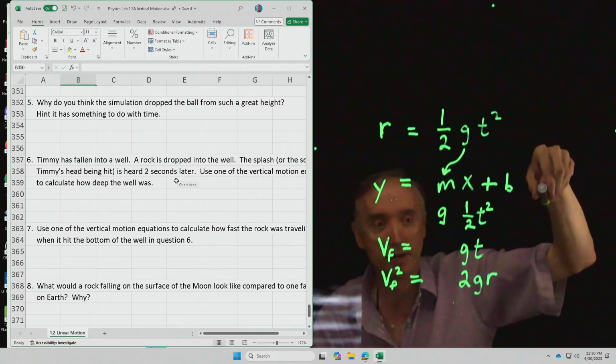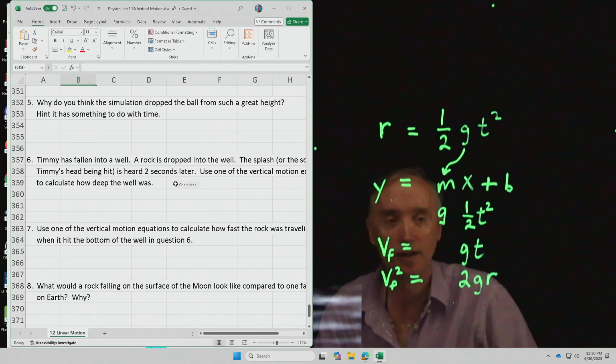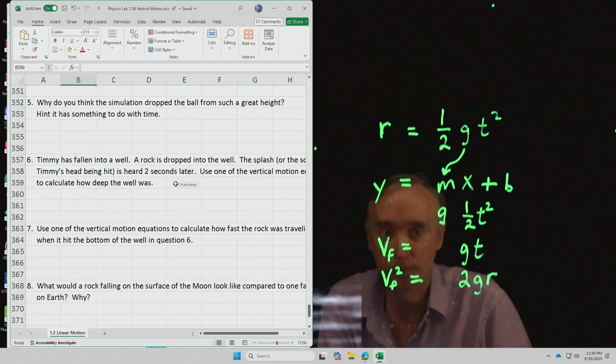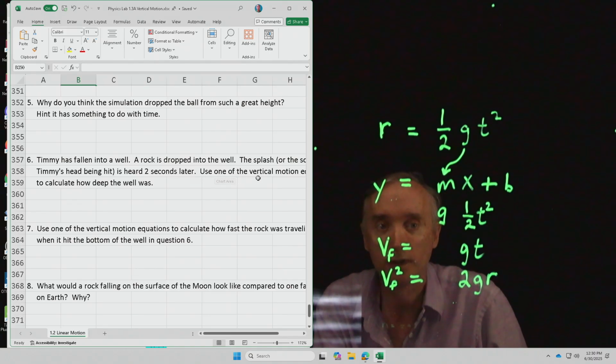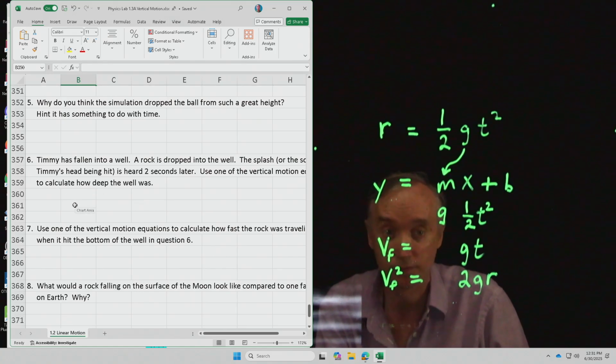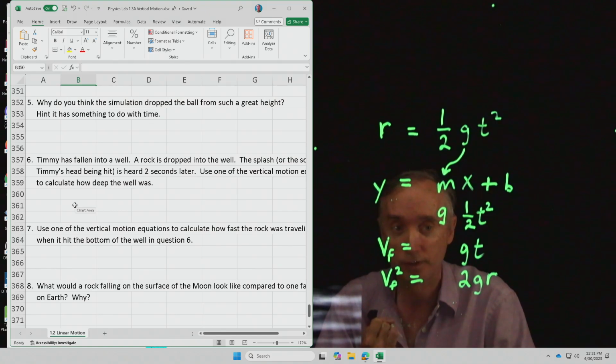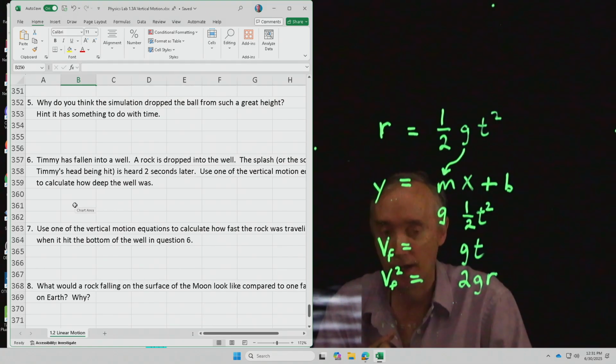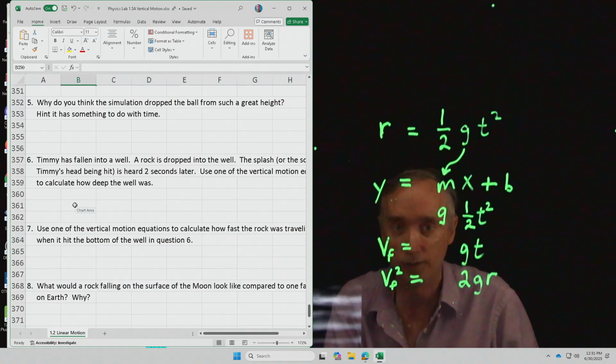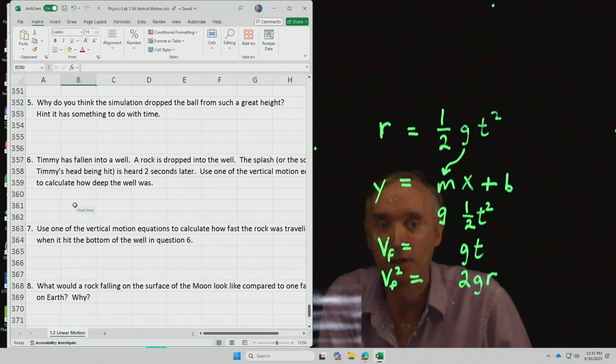So you drop it, and then 2 seconds later you hear the splash. Use one of the vertical motion equations to calculate how deep the well was. So you're either going to use the how fast, how far, or the hybrid equation, and the goal is to figure out how deep the well is. I'm not going to tell you which one to use, but go ahead and do that.